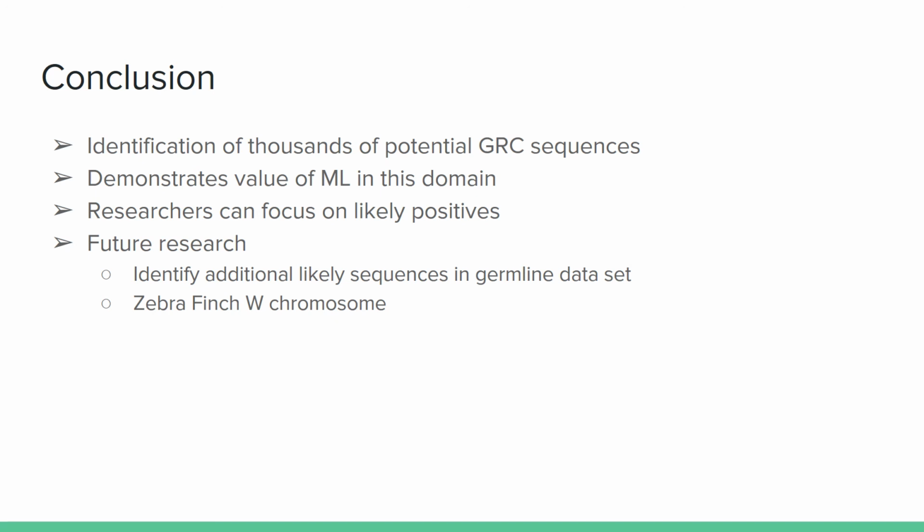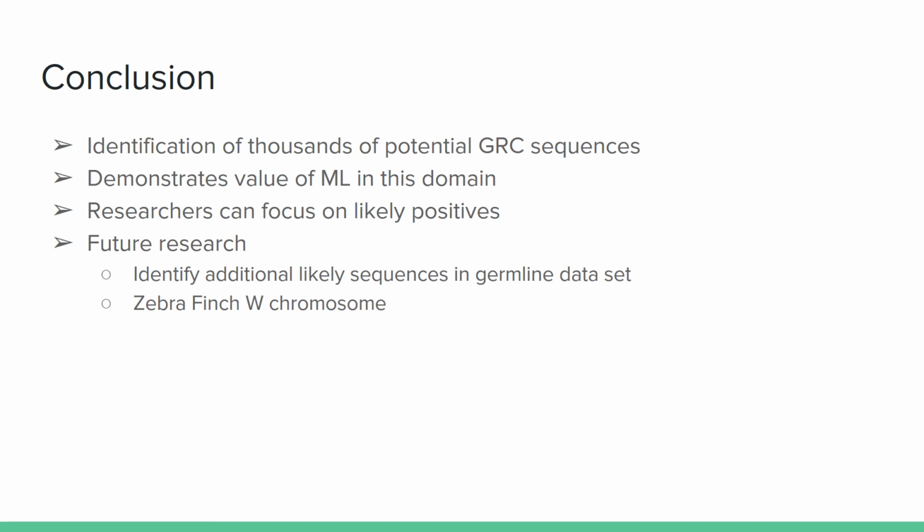As far as avenues for future research, we'd like to experimentally test a larger number of sequences that allow us to determine an anomaly score that would be able to differentiate between a germline restricted chromosome sequence and a non-germline restricted chromosome sequence, a somatic sequence, with a high confidence, say 95 or 99%, and classify all of the germline data such that we could differentiate tens of thousands or maybe even hundreds of thousands of additional GRC sequences that weren't previously known.